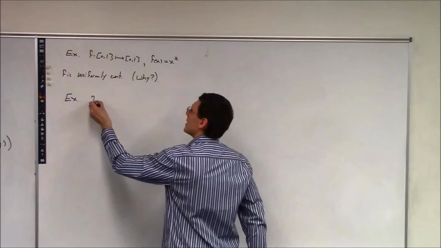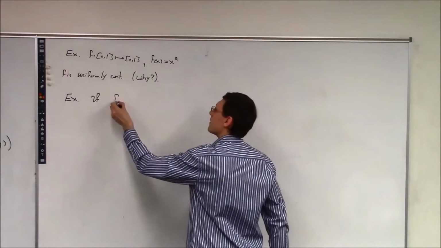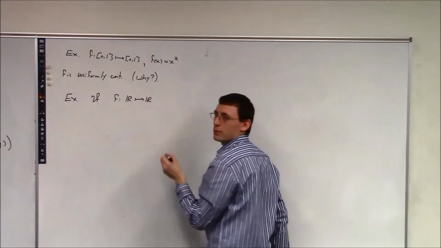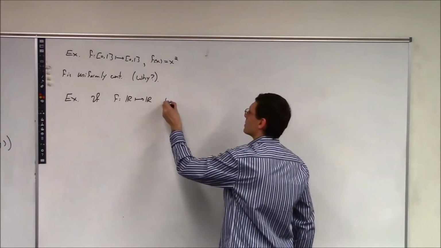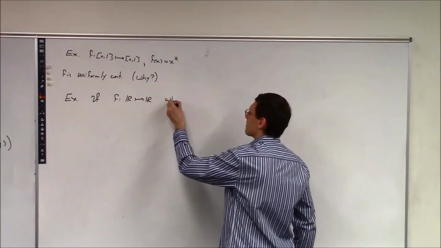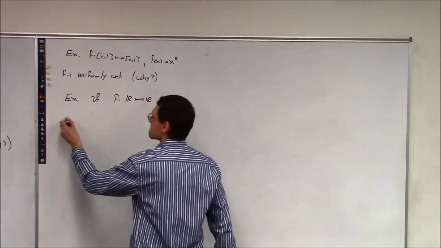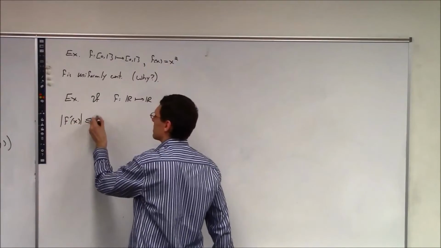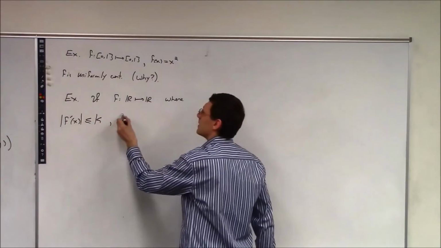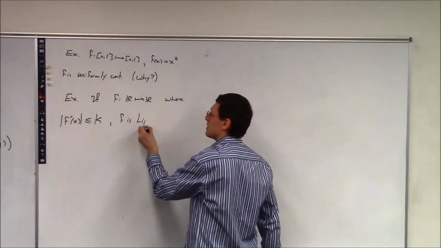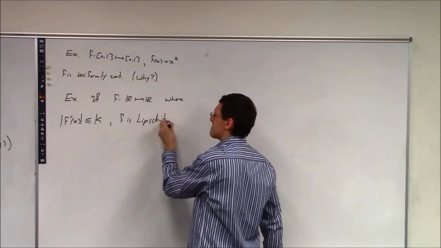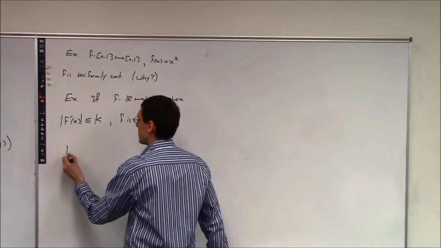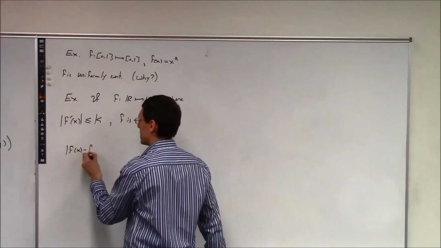So example, if we have f from R to R, or from some interval, it doesn't have to be from R, where the absolute value of f prime of x is less than some k, then f is Lipschitz. Why is it Lipschitz? Very simply, just take the absolute value of f of x minus f of y.